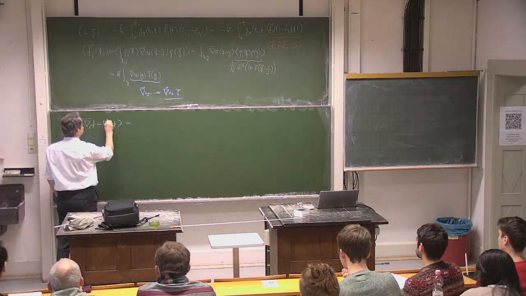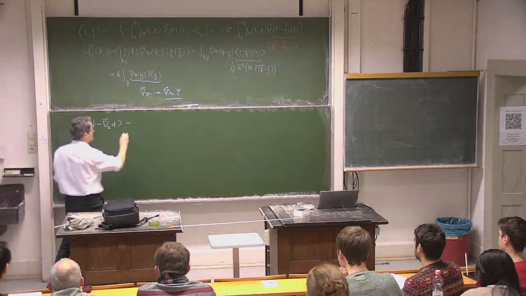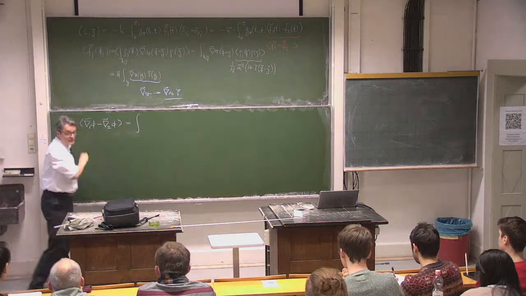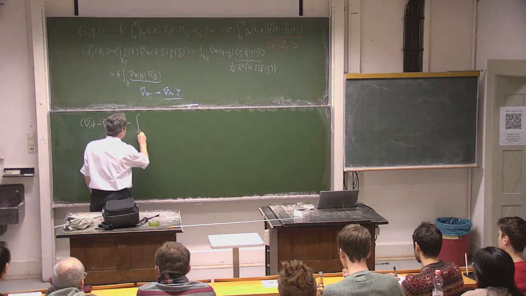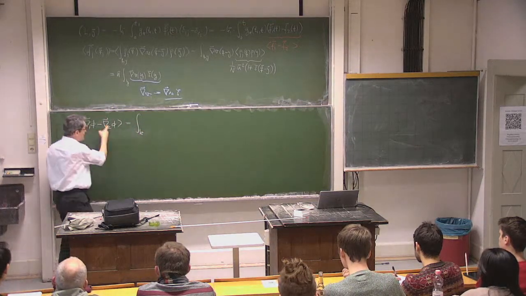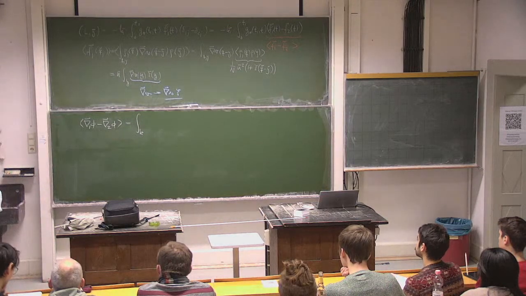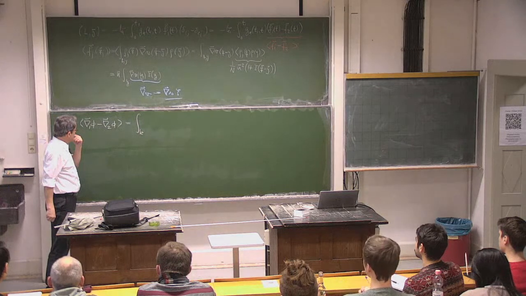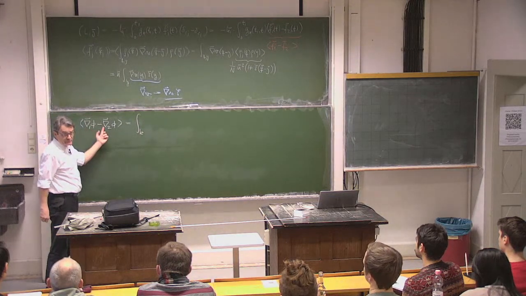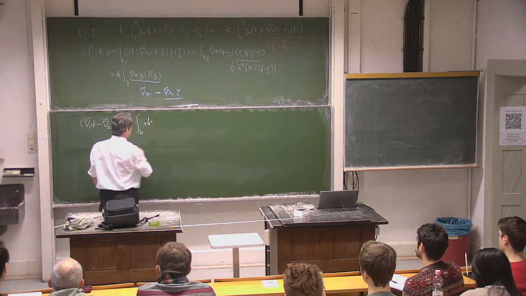And now I'm doing the following. I'm representing this in Fourier space. In other words, I will have a k integral. Then I need to express the gradients here also by their Fourier modes.